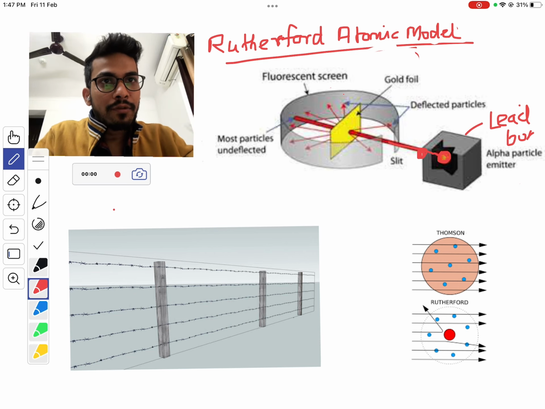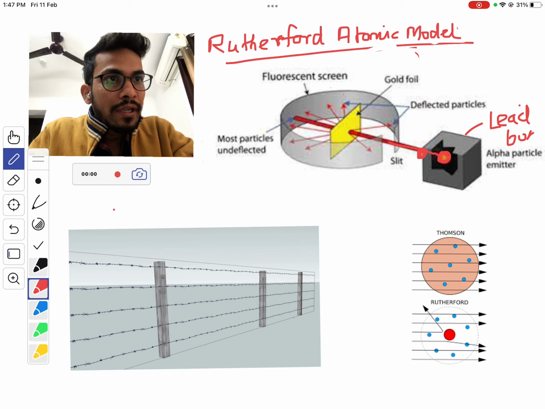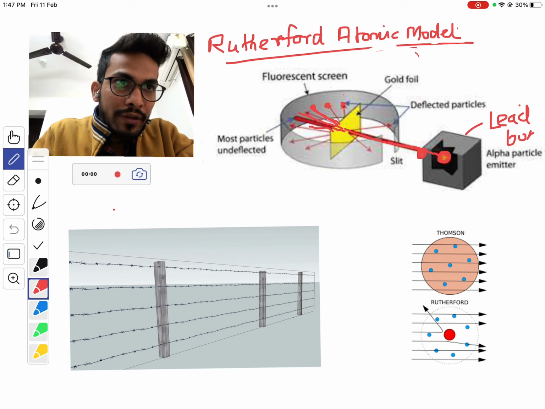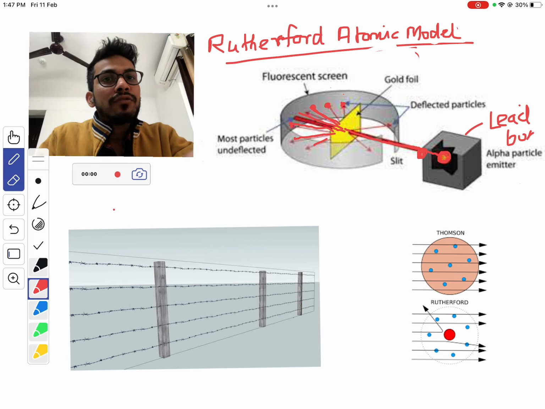After the alpha particles strike the gold foil, we can see that there are several paths of the alpha particles. And wherever the alpha particle strikes the fluorescent screen, we can see a glow or sparkle. So this was the experiment.